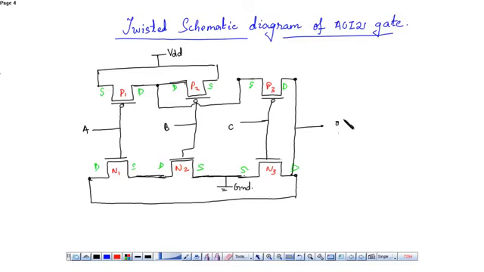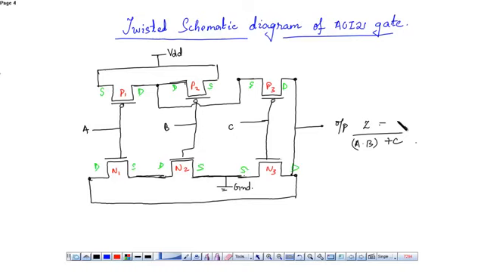So this is the output Z, that is A dot B plus C bar. So this is the twisted schematic diagram of an AND OR invert 21 gate.